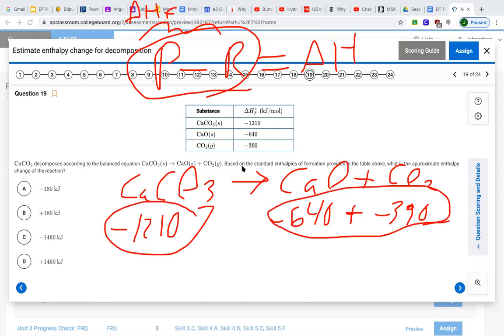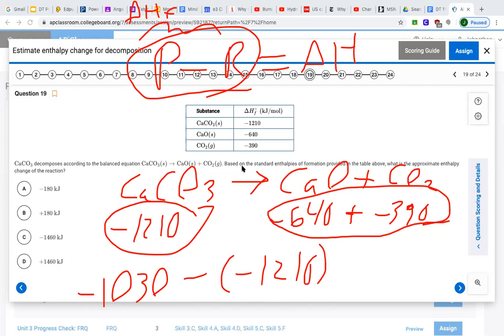So, okay. All right. So we do products minus reactants, so negative 1030, okay? That's the sum of our products. When you add the negative 640 and the negative 390, you get negative 1030, minus negative 1210.